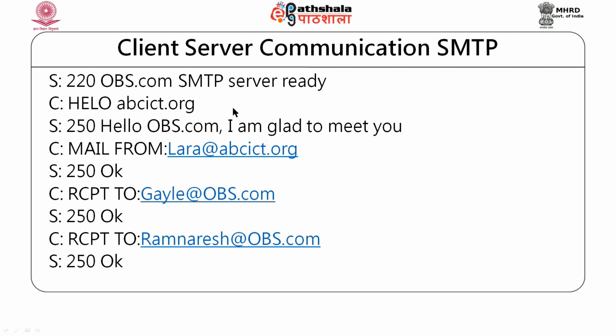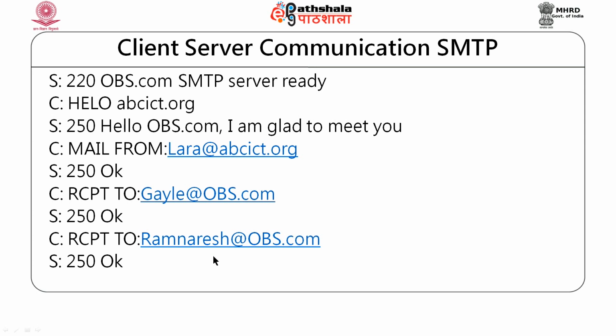The client says hello abcict.org. The server says hello obs.com, I am glad to meet you. You can see that this is quite human-like communication. The client says mail from Lara at this place. The server says okay, Lara is acceptable to me. The client says the recipient is Gail. The server says fine, he is acceptable to me. In fact, this mail is being sent to more than one recipient, so after Gail you have Ram Naresh also.